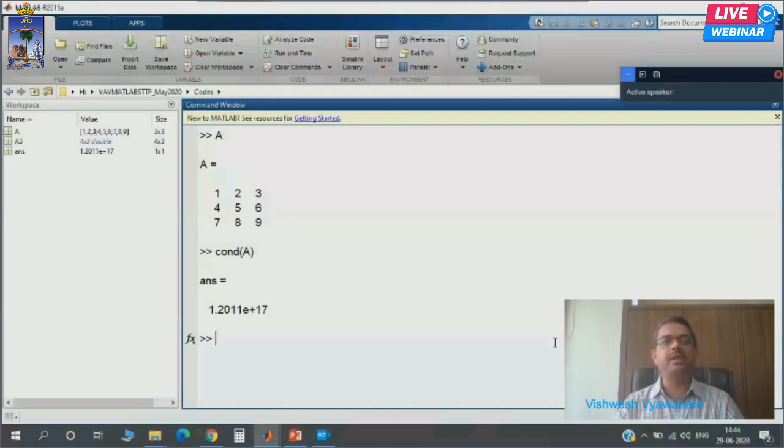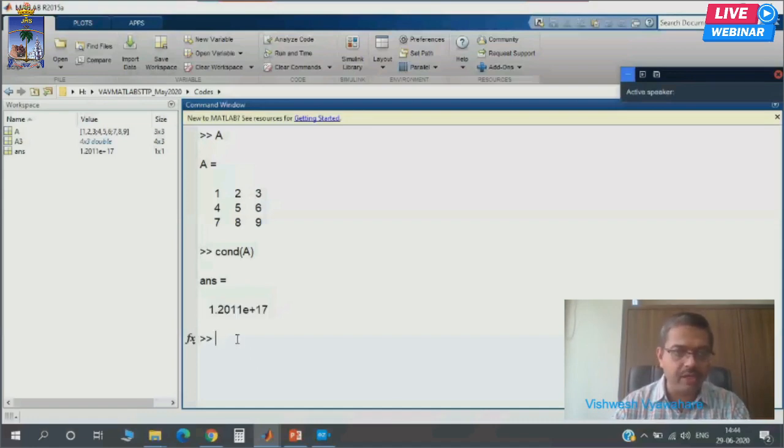You see the condition number that is coming out. Please check this. It is 1.2011 into 10 to the power 17. Such a large condition number means that this matrix is almost singular. It is singular. It is not invertible.